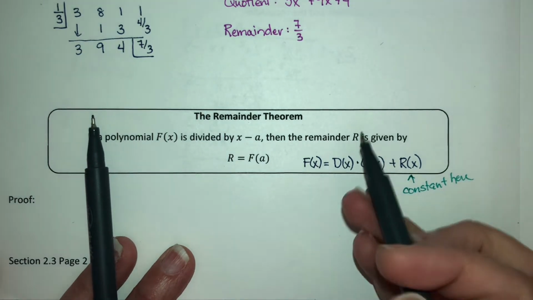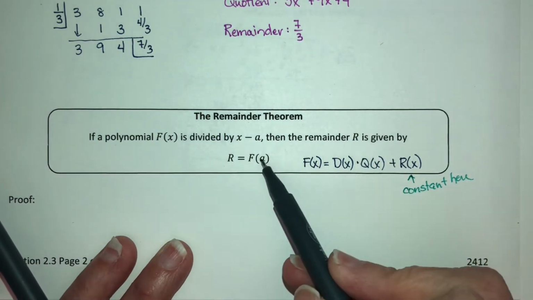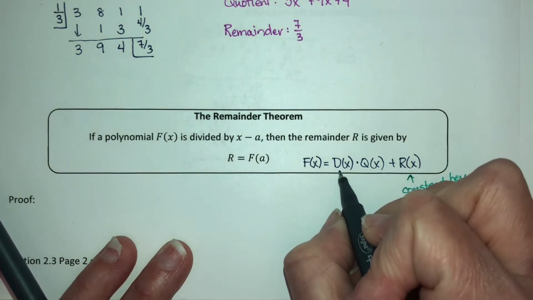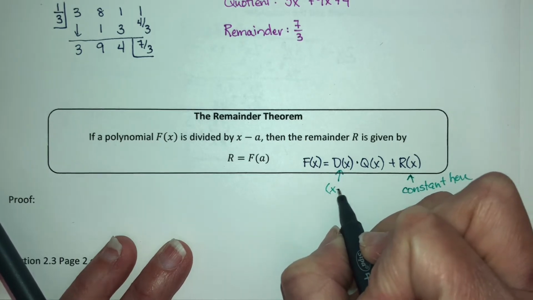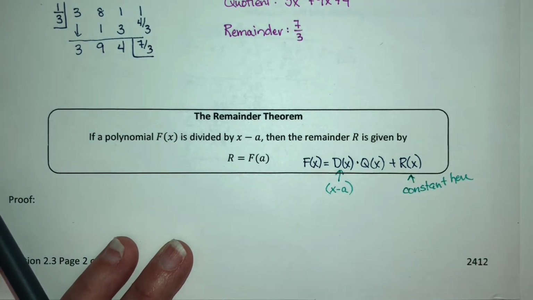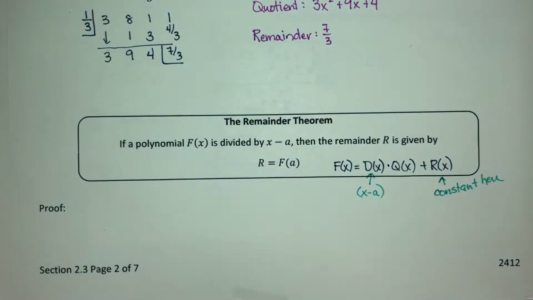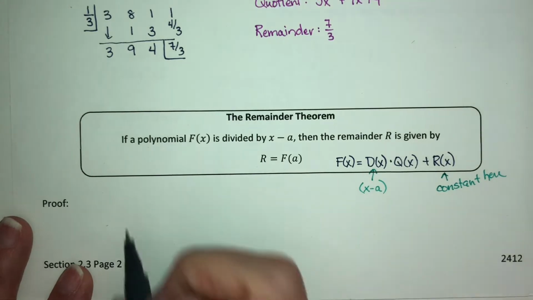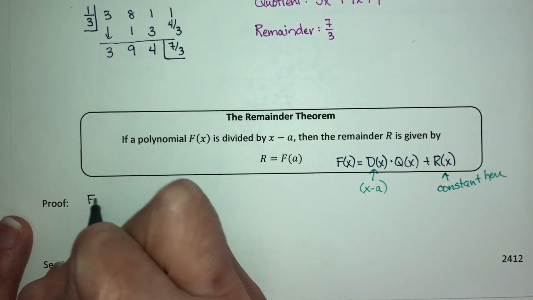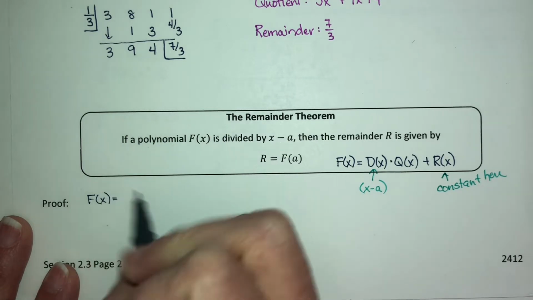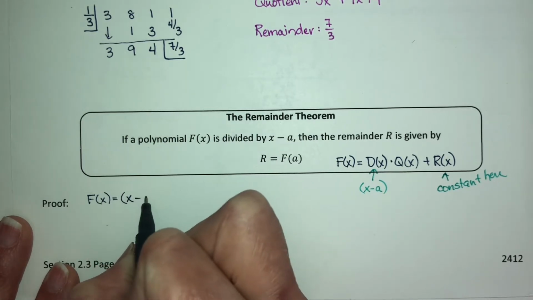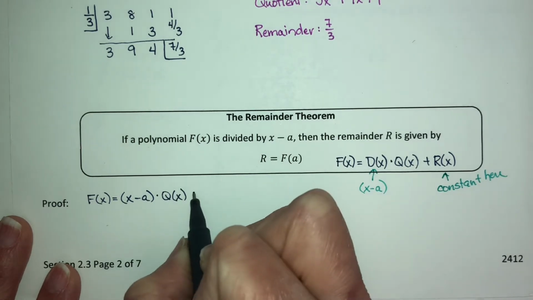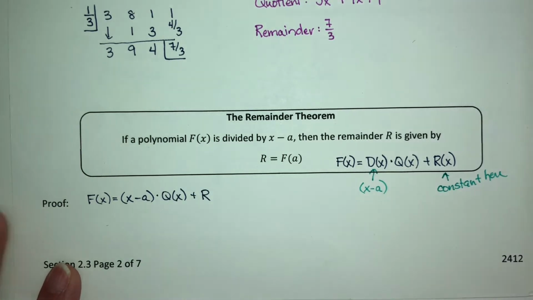And this theorem says we are dividing by x minus a. So what we are dividing by is x minus a. I'm just going to substitute all of this in here. So I have f of x is equal to x minus a times the quotient plus the remainder, and I'm just using r because it's a constant.